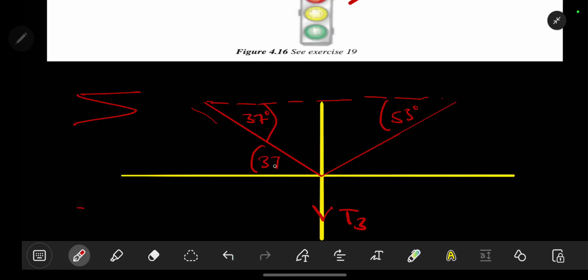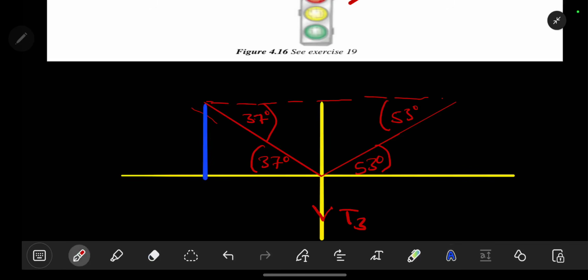Sorry, not 37. We have 53 here, which means here it will be 53 degrees. Then we extend this side just to add contrast. So this is what we have.